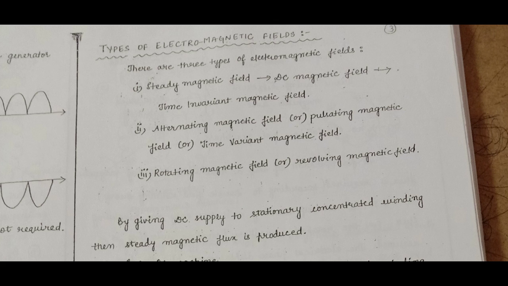That means a static magnetic field. It is projected at one place and does not have any movement, that means no rotation. So it is used in the DC magnetic field. Time invariant means the magnetic field does not vary; the flux will not vary with time.